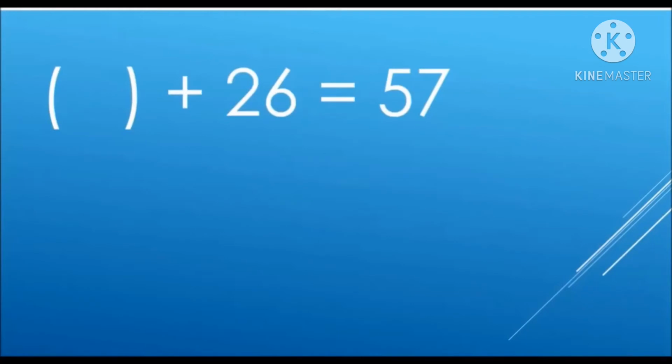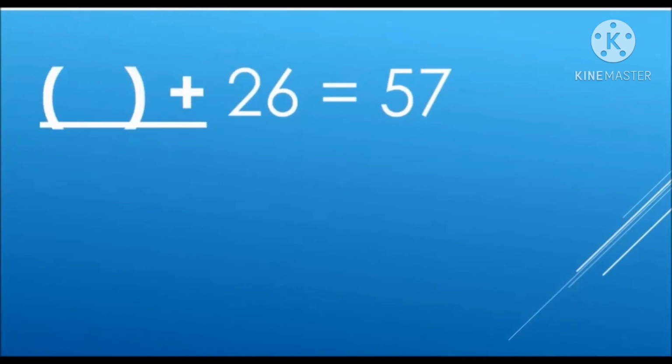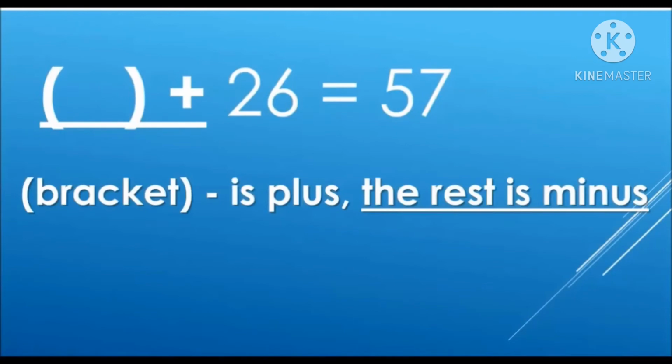Let's try another question. Missing number plus 26 is equal to 57. As usual, we need to look at the first two of the equation. For this equation, the first two are bracket plus. Is this a bracket minus? No, it's not.